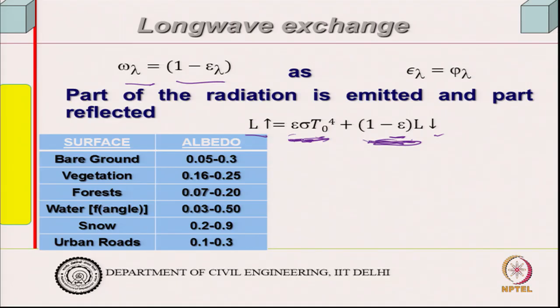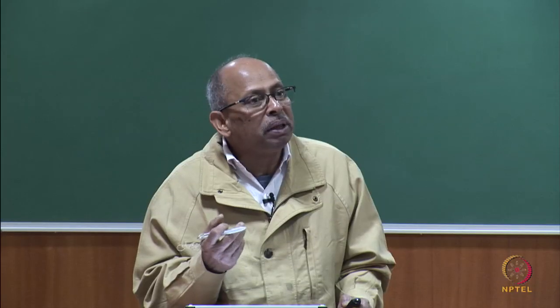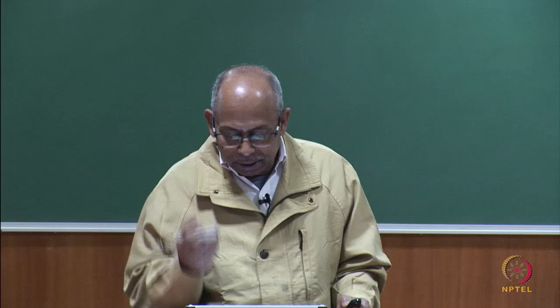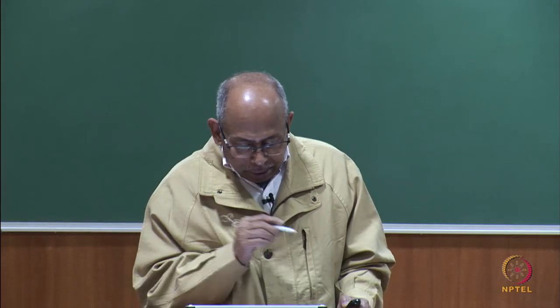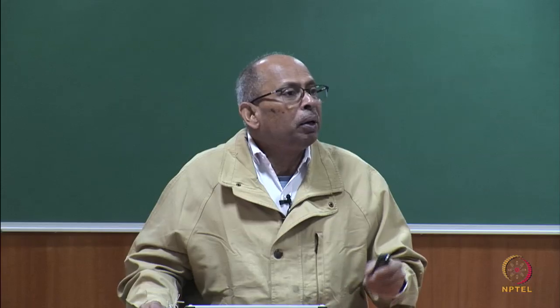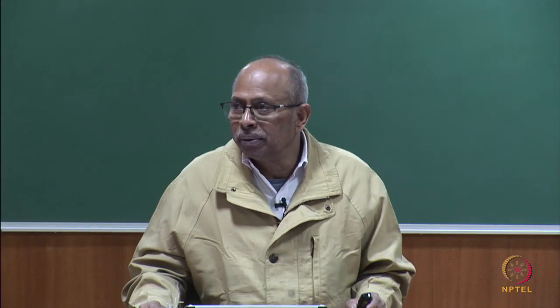So, the two things: albedo relates to short wave radiation, and emissivity of long wave radiation is important, because 1 minus emissivity is again the reflectivity. If you see bare ground, its albedo is somewhere around 0.05 to 0.3, and it would vary depending upon whether it is a desert, just soil, or rocky area. So we are looking at bare ground, no vegetation.